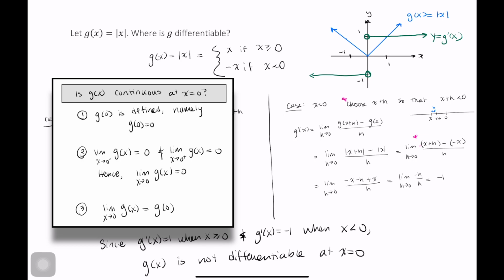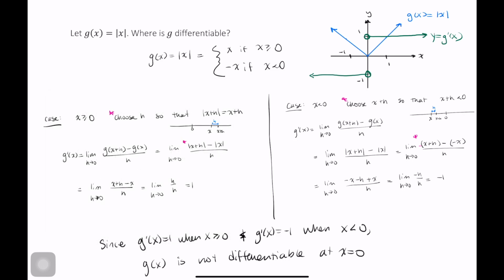So it's certainly continuous. It's defined, the limit exists, and it equals the value of the function here at 0. However, continuity clearly does not imply differentiability. So just because you have a function that is continuous does not necessarily mean it'll be differentiable.